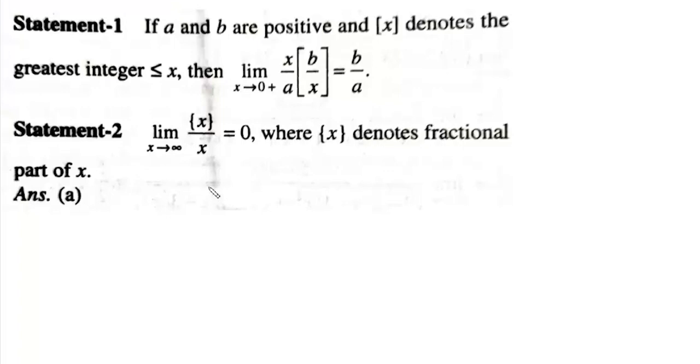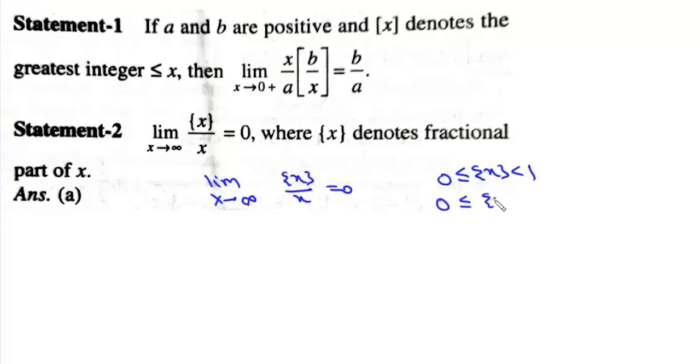If we look at statement 2, statement 2 is limit x tends to infinity, fractional part of x upon x, it is equal to 0. Now we know that any fractional part function will always lie between 0 and 1. Now if we divide everything by x, we can write fractional part of x upon x will be less than 1 by x.